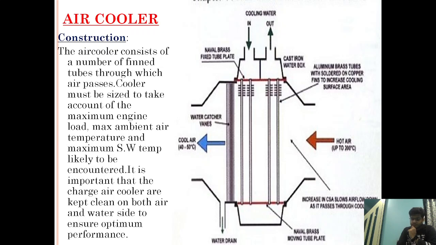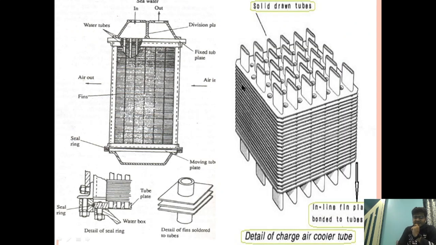Now one more thing I want to tell you, these fins, as I have told you, increase the surface area, and therefore provide maximum heat to be drawn out from the air in a shorter amount of time. It is also behaving like a baffle plate arrangement.